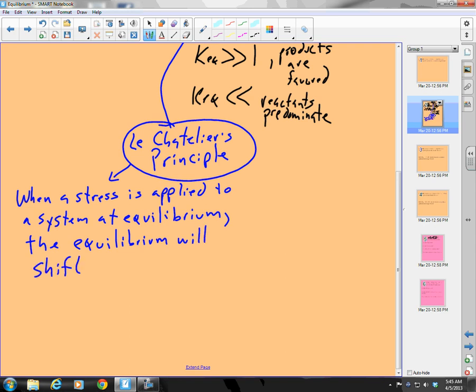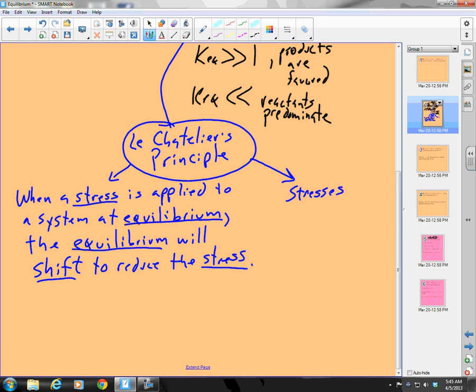What does shift mean? It means it changes for the time being. The equilibrium will shift to reduce the stress. Got it? Okay, so that's Le Chatelier's principle. Good. And I think we can better understand that when we start doing some examples. Let's take a look at stresses and shifts.